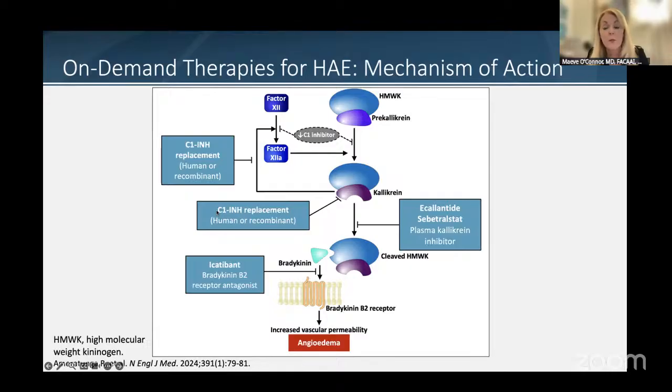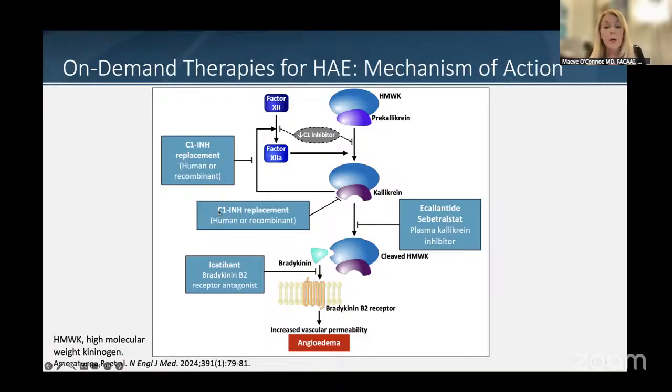Icatibant blocks the bradykinin B2 receptor, preventing bradykinin from causing that vascular leakage, which leads to the swelling. Ecallantide inhibits plasma kallikrein, reducing bradykinin production. And then C1 inhibitor replacement, whether it's human or recombinant, restores the deficient or dysfunctional C1 inhibitor, addressing that root cause of excessive kallikrein activation.